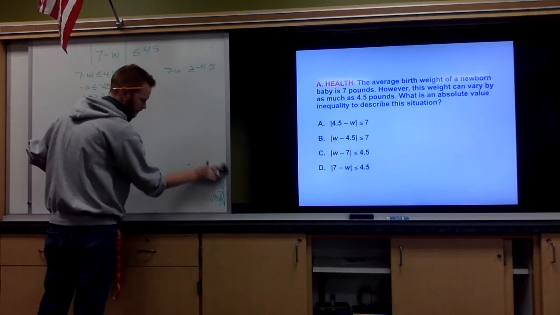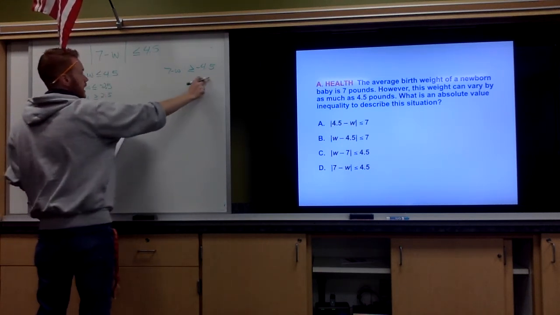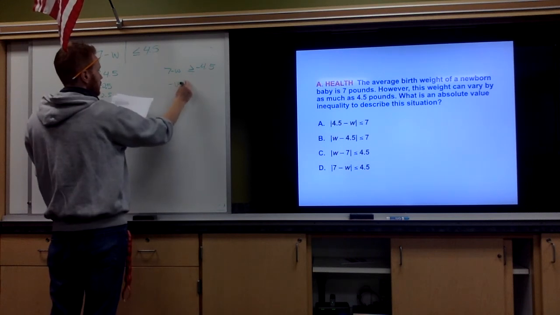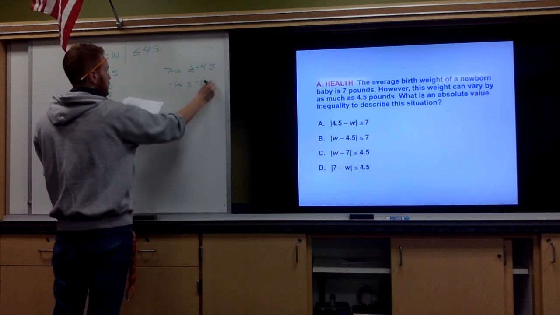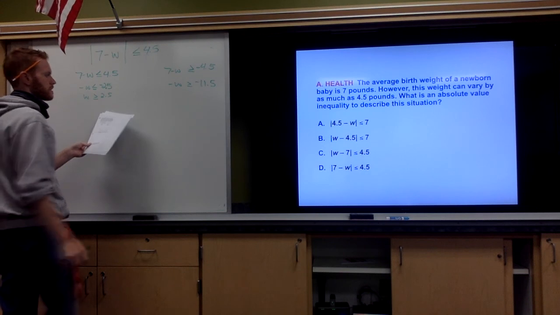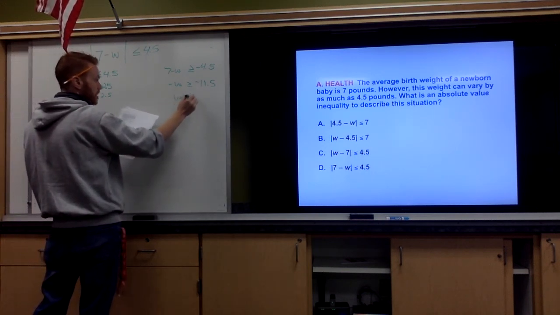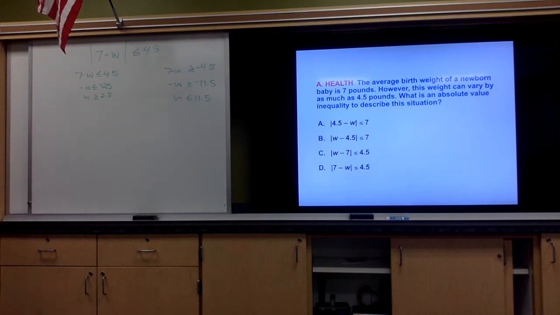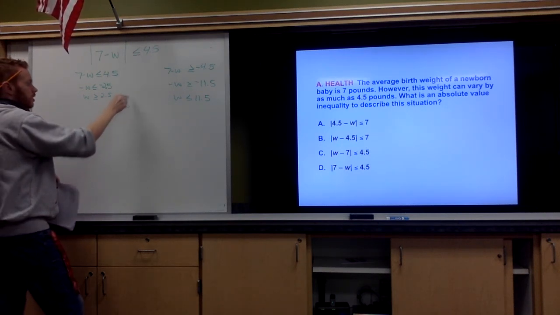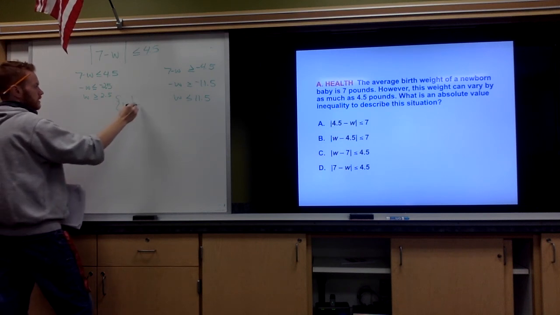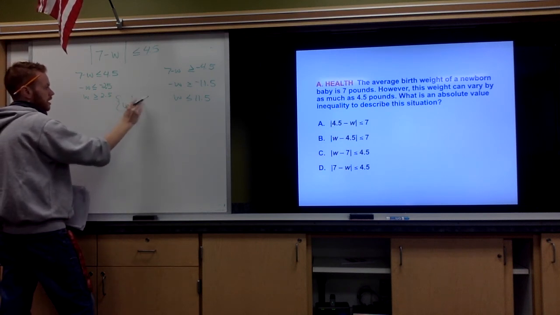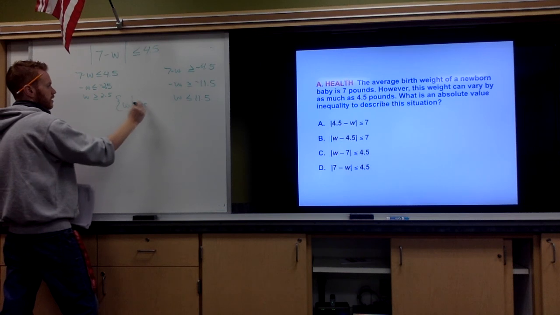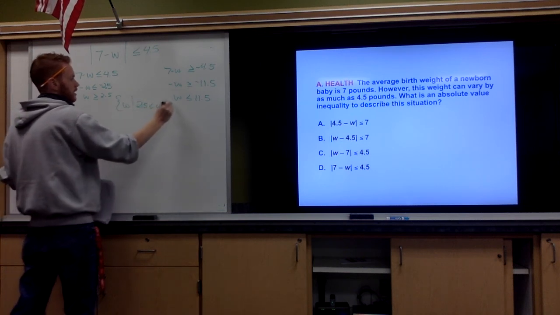I gotta erase it. Over here, subtract 7. Negative w greater than or equal to negative 11.5. Divide by the negative. It changes the sign again. So w has to be less than or equal to 11.5. So there's my range of values. So all the w values, given that they have to be in the range of 2.5 and 11.5.